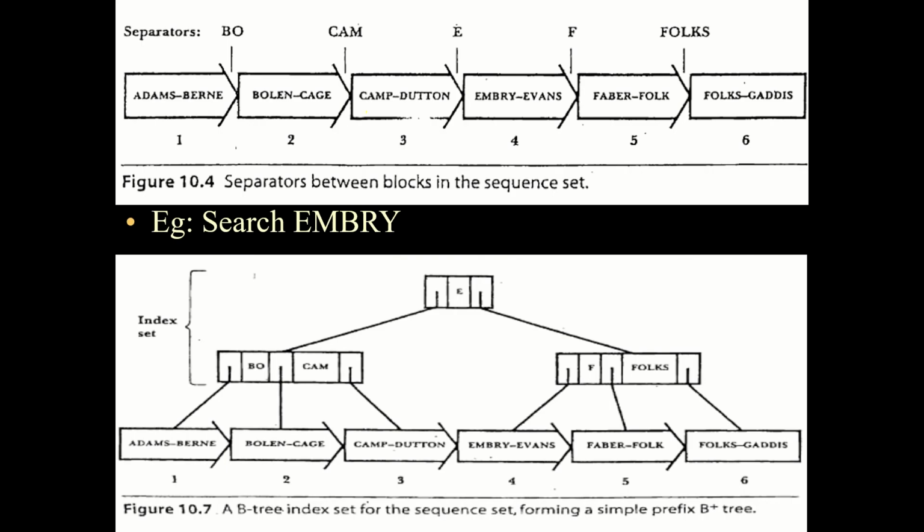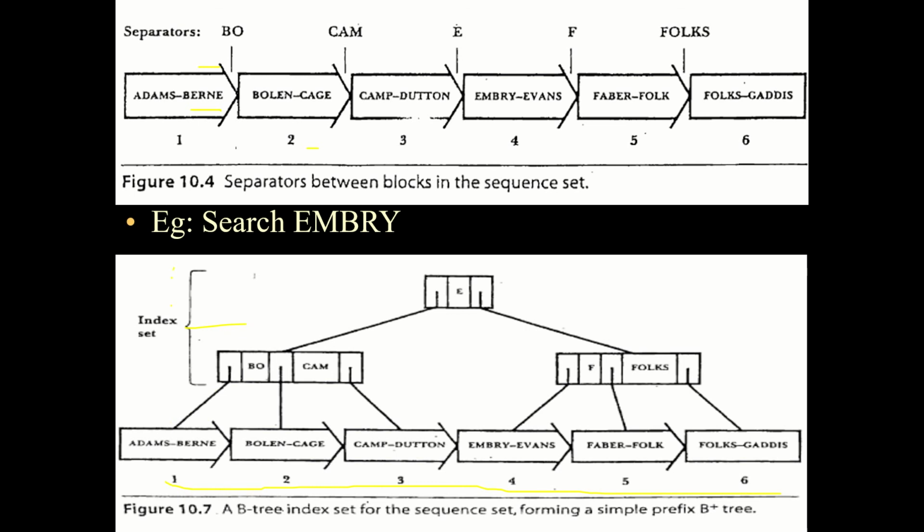Here is an example showing how the simple prefix B+Tree has been designed. As we have already seen in our example, this explains the B1, B2, B3 and all of a file. Now we need to represent it as a B+Tree. How is it represented? The sequence set remains the same, and then we go for the index set.